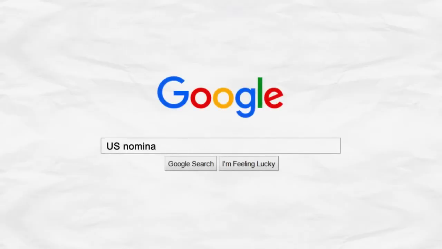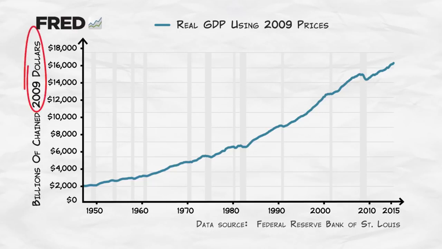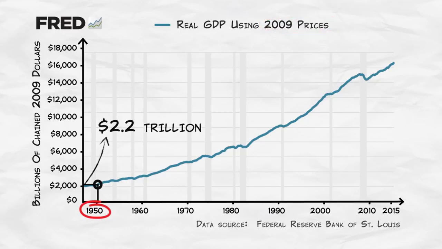So let's Google real US GDP FRED. Here's what we get. This graph measures real GDP in 2009 dollars. That means using 2009 prices. This graph tells us that using 2009 prices consistently, in 1950, all the goods and services produced at that time were worth about $2 trillion.